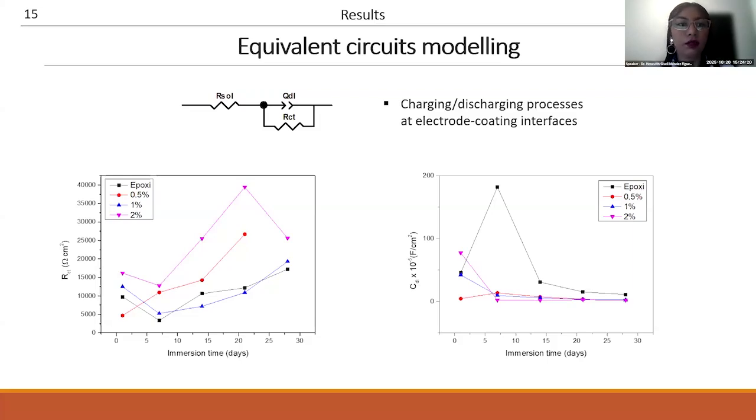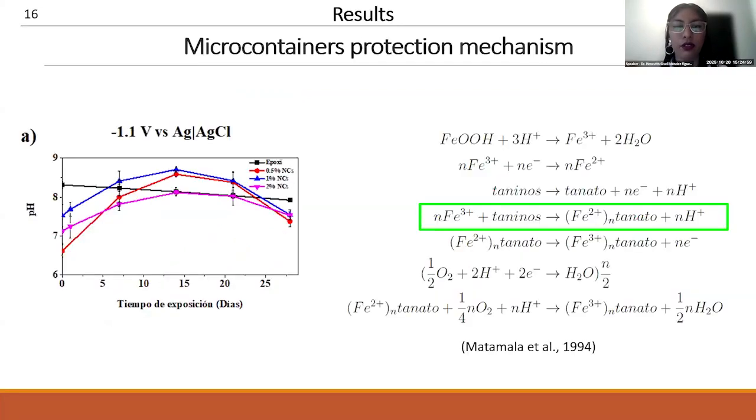After that, we can see that adding 2%, this resistance increases, which can be indicative that the structure can be more compact, forming a dense basic layer that enhances the protection. And in the capacitance, we can see lower values when we added the microcontainers, indicating that a more protective layer is present with the addition of the microcontainers.